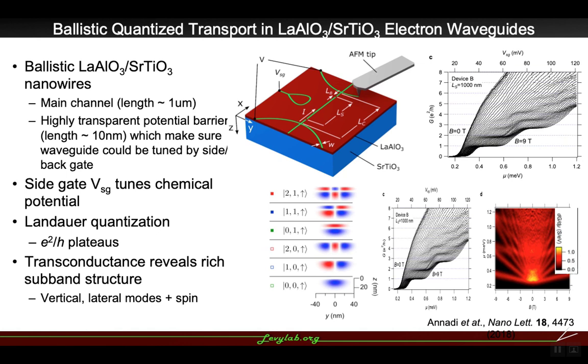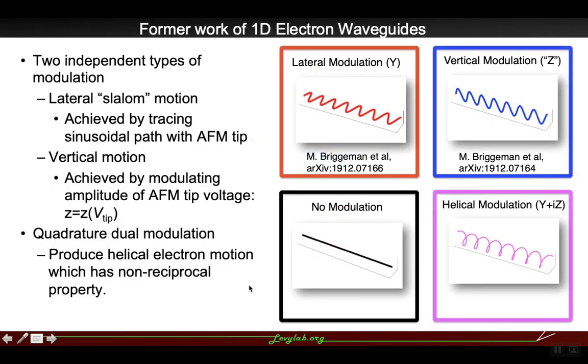If we want to research more about this interesting phenomenon and the bands in the transconductance figures, we want to change the pattern of the main channel, so we let it be vertical and lateral. Now we get some new modulation, such as lateral modulation. This is actually just a sinusoidal path.